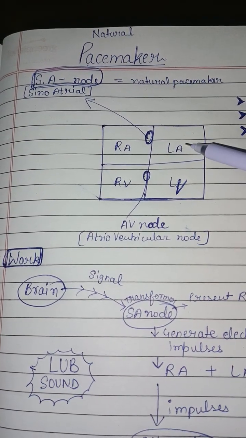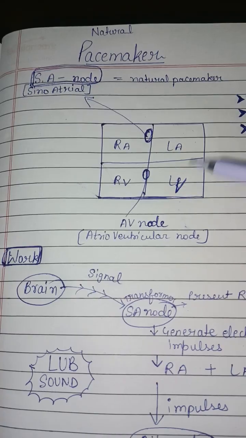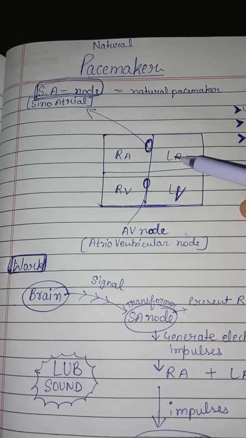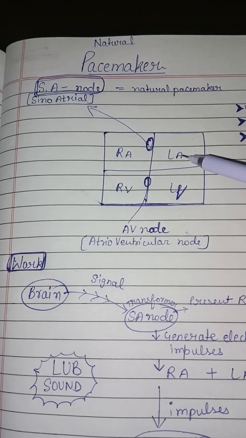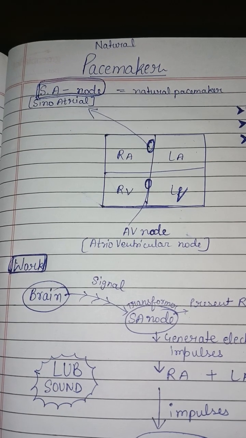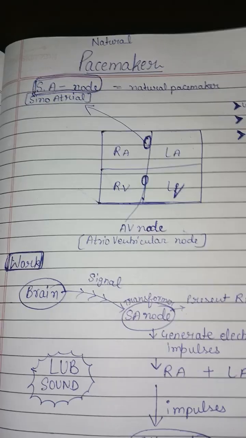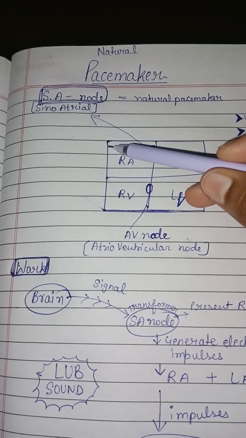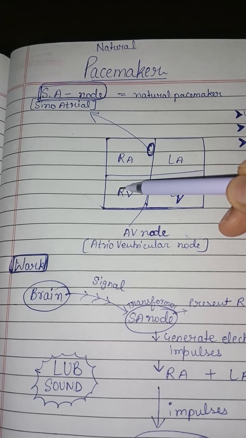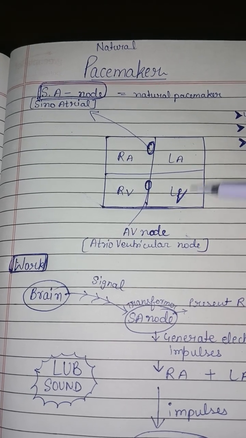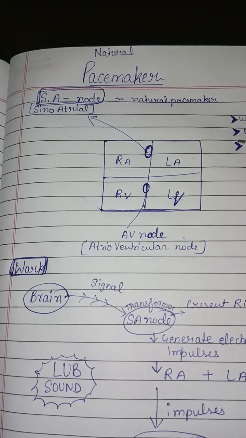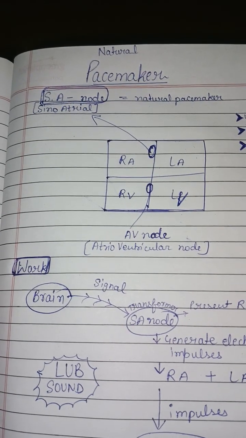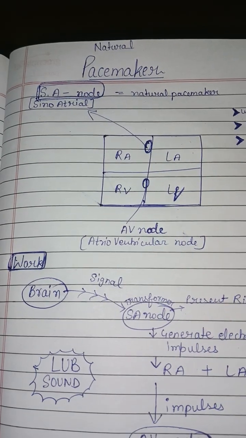And in between the left atrium and left ventricle, there is the mitral valve, also known as the bicuspid valve. There is also the semilunar valve on the side of the pulmonary artery, and between the left ventricle and the aorta, that is the aortic valve. So these are the valves present in the heart chambers.